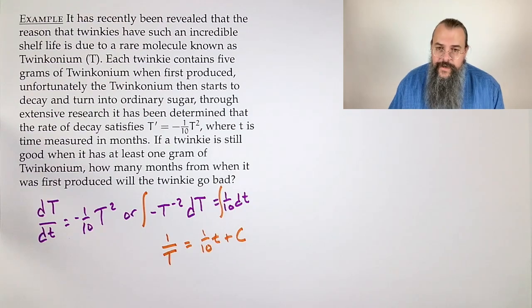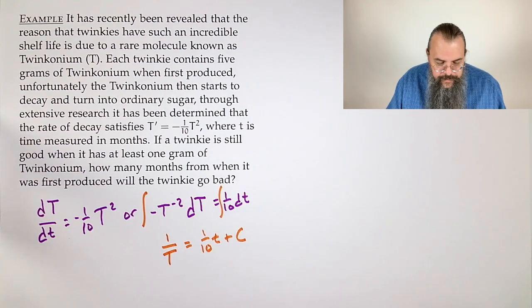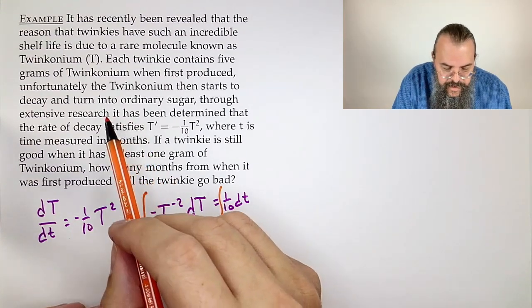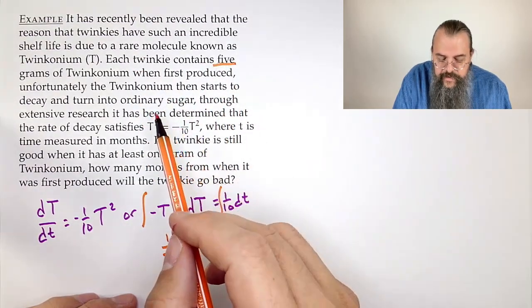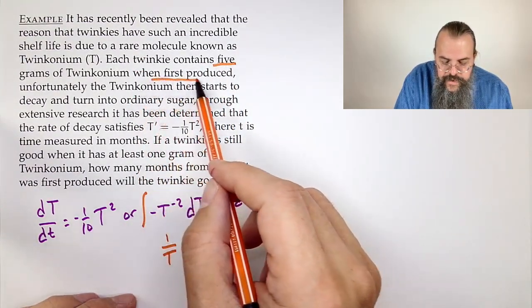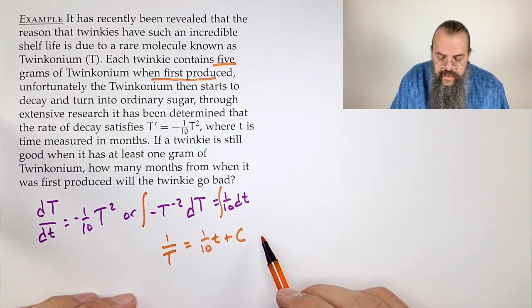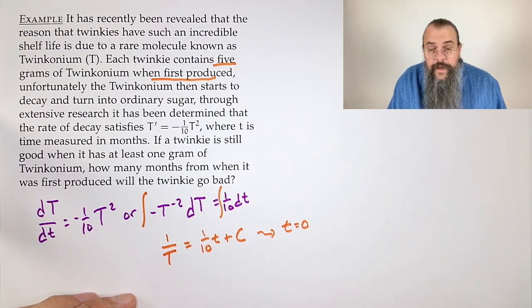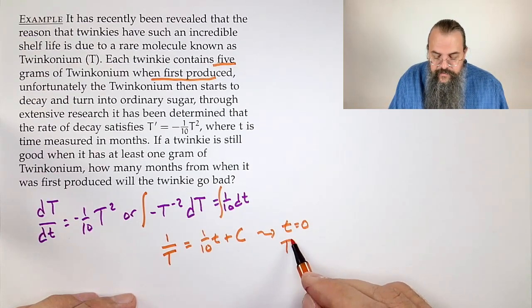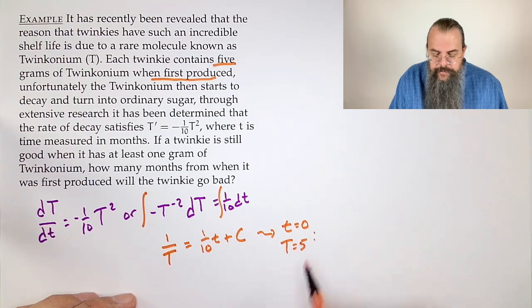Now, how do we solve for our constant? Well, we have some information, right? Each Twinkie contains 5 grams when first produced. So that says when the time equals 0, that's when it's first produced, there's 5 grams of Twinkonium.